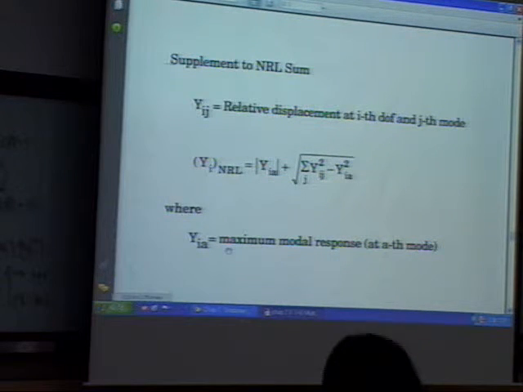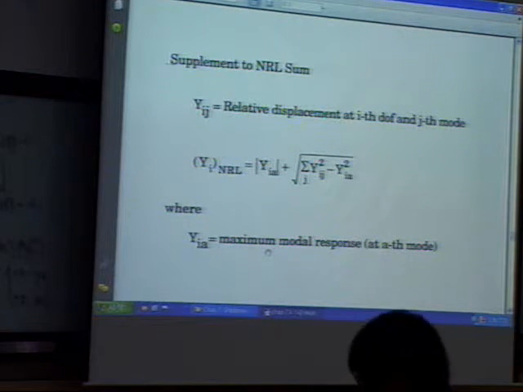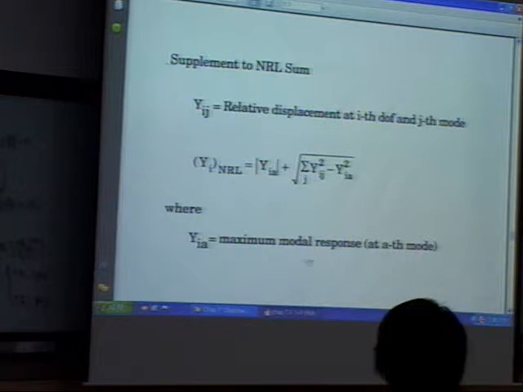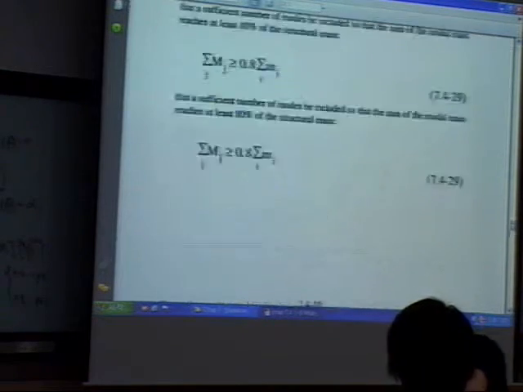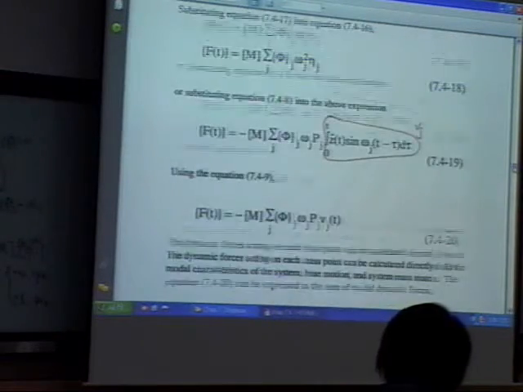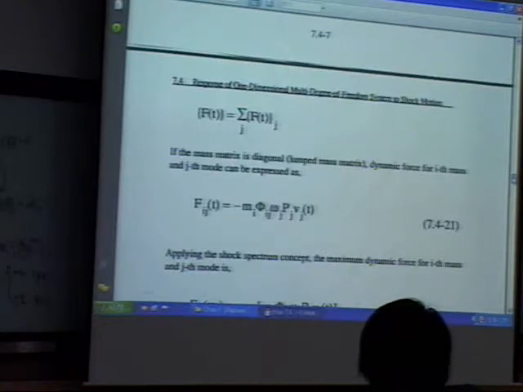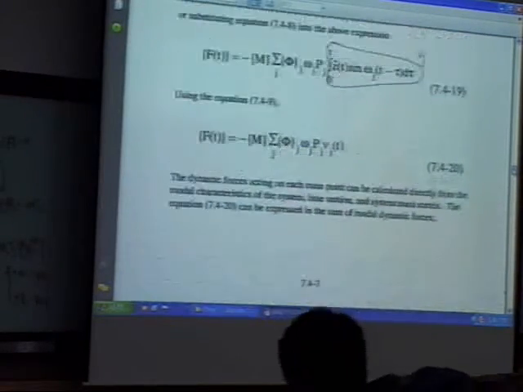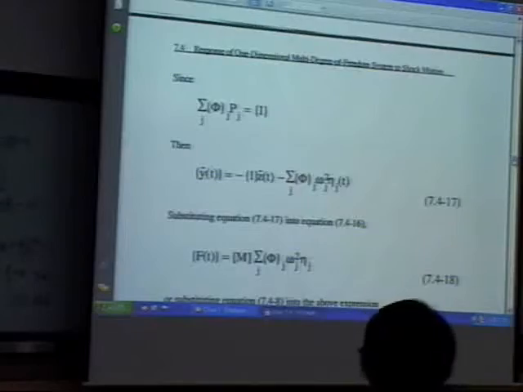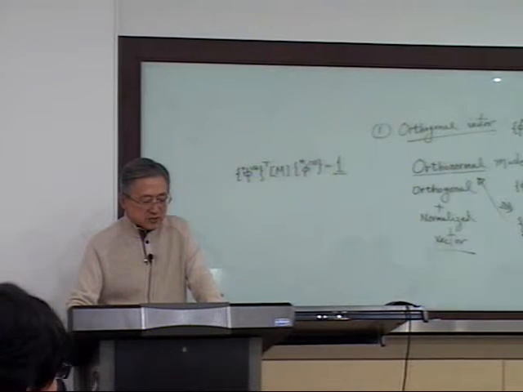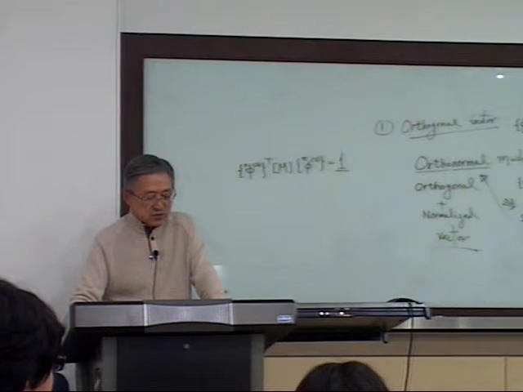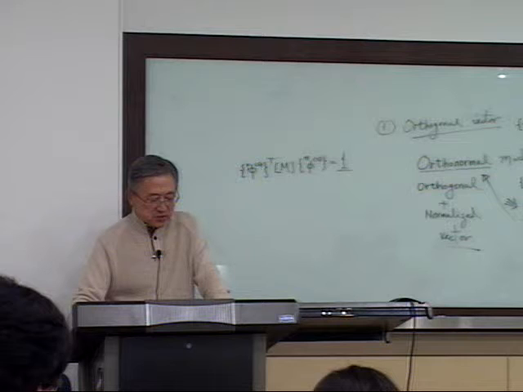Okay, so here is the maximum modal response. Let's say the ith mode in this case. So this is a correct expression for this 7.4-6. Replace this with those expressions, okay?